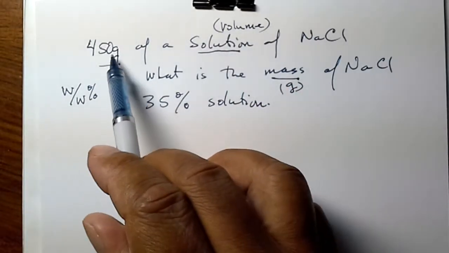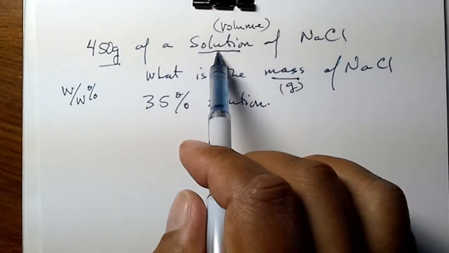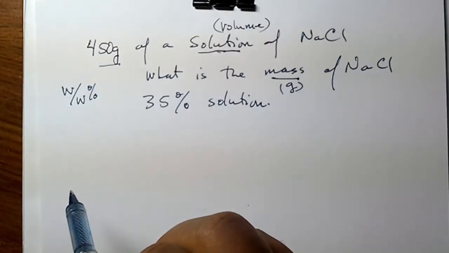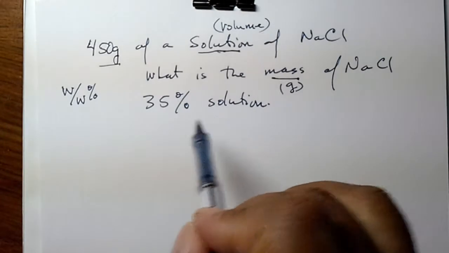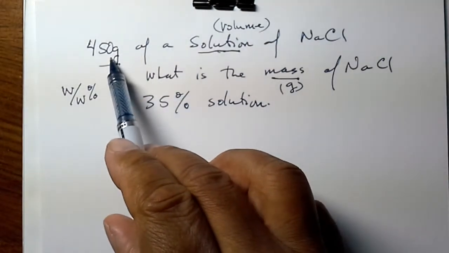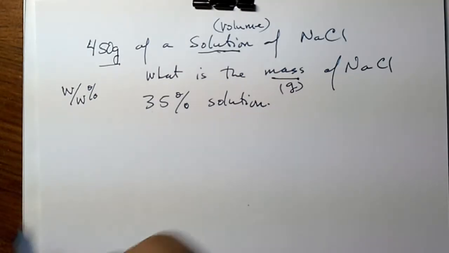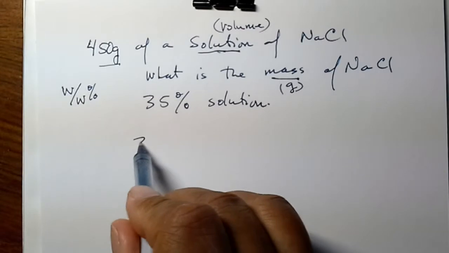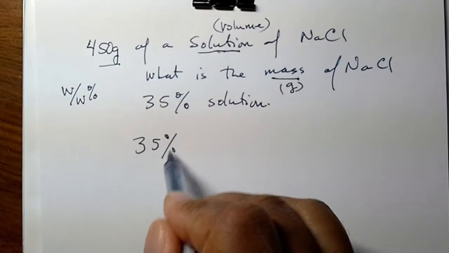But we took that volume and weighed it instead of measuring it in terms of milliliters or liters. So how do we calculate the mass of sodium chloride in this mass of solution? Well, it's simple.